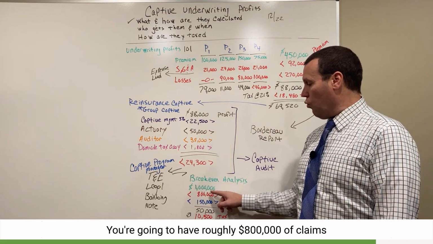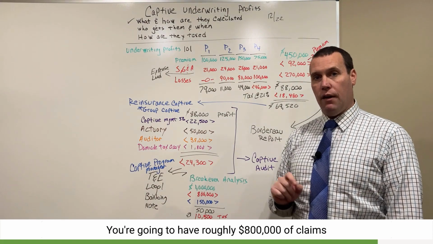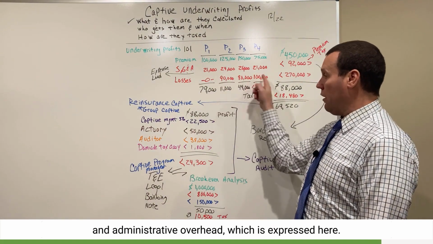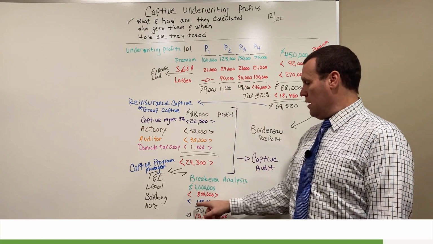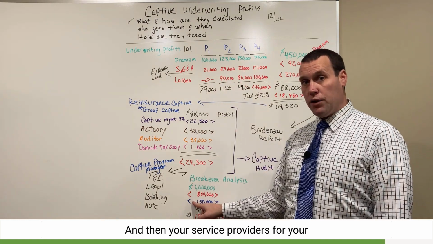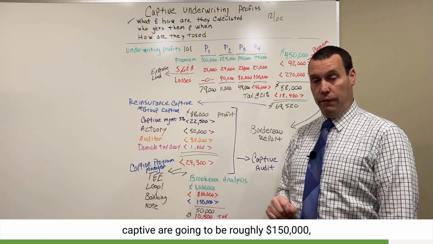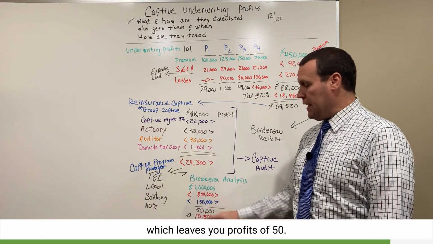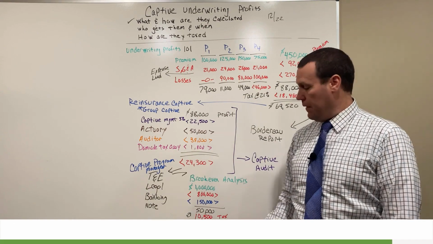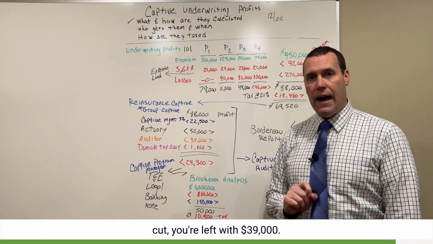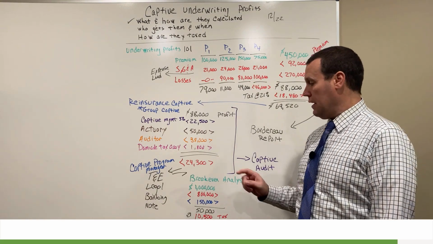You're going to have roughly $800,000 of claims and administrative overhead, which is expressed here. Okay? And then your service providers for your captive are going to be roughly $150,000, which leaves you profits of $50,000. And after Uncle Sam takes his cut, you're left with $39,000.